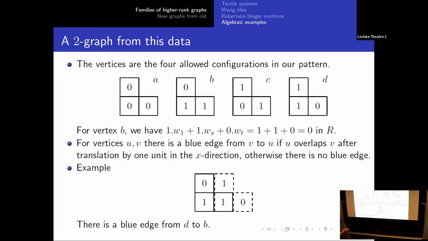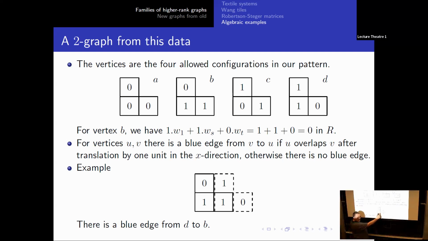And then borrowing my background in dynamics, you can create a 2-graph from this. So you take two vertices and you declare that there's a blue edge from V to U if U overlaps V after a translation by 1 unit in the x direction. So here's a vertex. And here's the next vertex. And if they overlap, so they have to agree here on this 1.